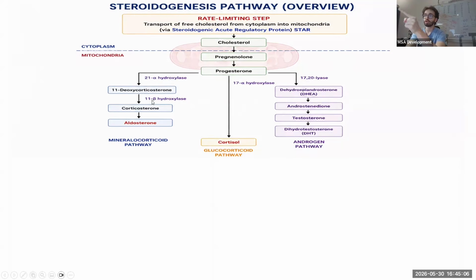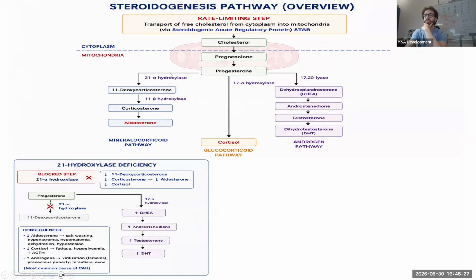And another enzyme, which is right after it, 11 beta hydroxylase, which takes the deoxycorticosterone and changes it into corticosterone. Something important I want you to know: 11-deoxycorticosterone has the functions of aldosterone, but corticosterone doesn't, okay? Why is this important? Because we're going to talk about the deficiencies of both of these enzymes. Very important for you to know.